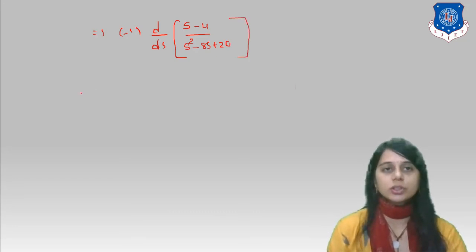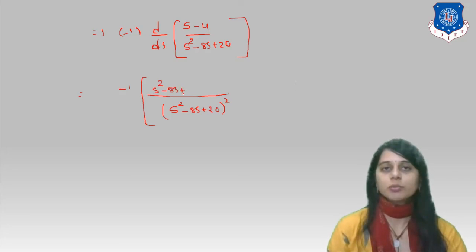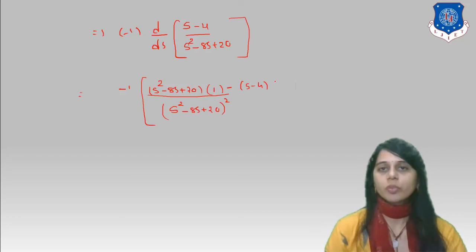Now taking the differentiation, minus, denominator s square minus 8s plus 20 whole square. Numerator: s square minus 8s plus 20 as it is, differentiation of s minus 4 is 1, minus s minus 4, differentiation of s square minus 8s is 2s minus 8. Okay.